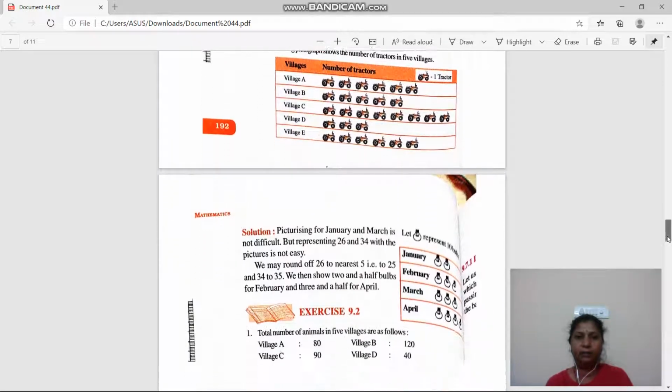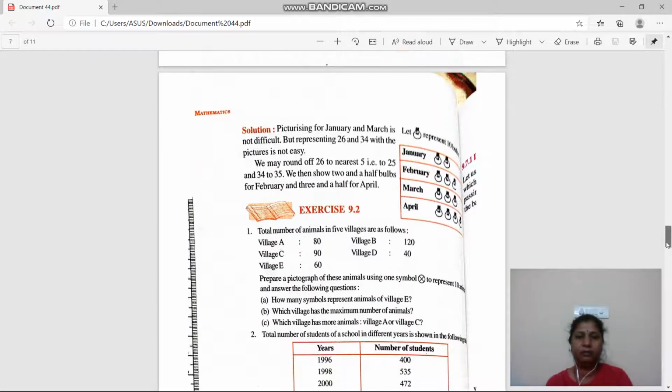I will take 9.2, which is all about drawing pictographs, I think, right now. So please see page number 192. Okay, fourth question.